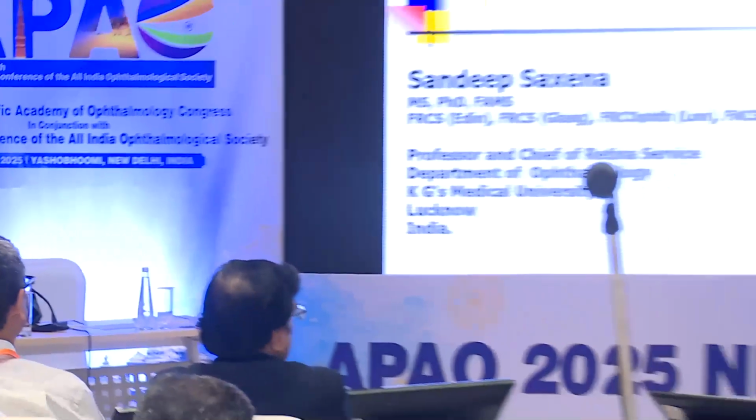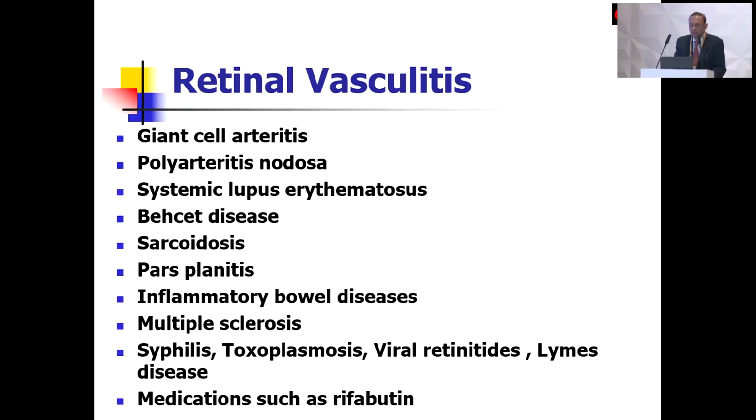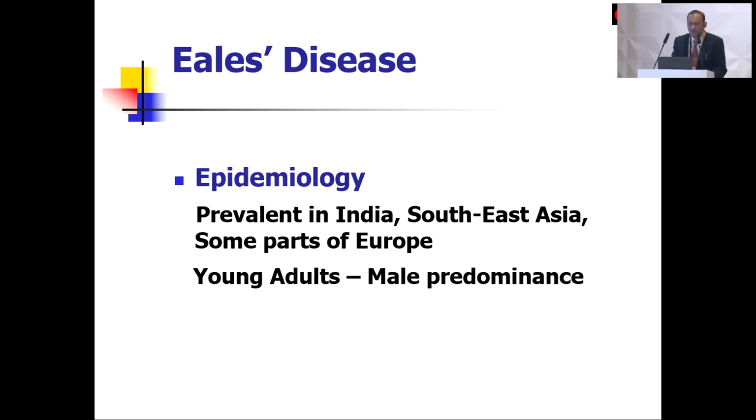As Dr. Malay said, Eales is a prototype of vasculitis and neovascular confluence, and I'll be dealing with this subject. As we all know, retinal vasculitis has a number of causes, and some of them are mentioned over here, but I will be focusing on Eales disease, which is a disease of our part of the world.